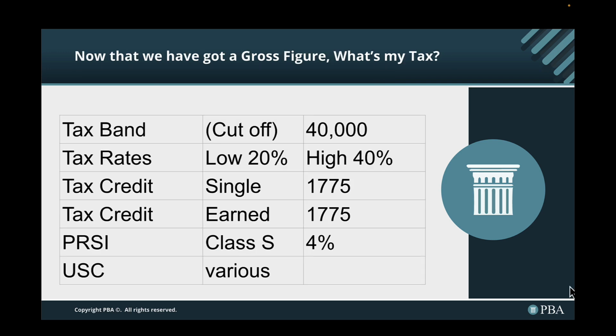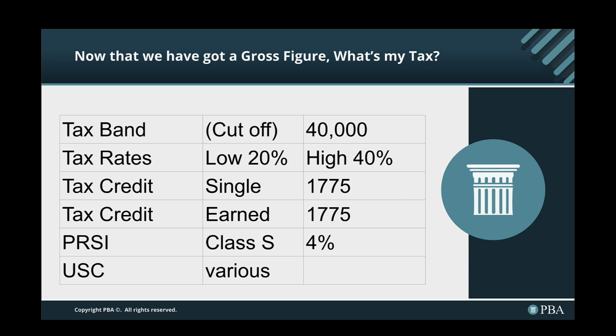For our tax calculation, we are making these assumptions. We're using 40,000 as the cutoff point, and we're going to have a single person tax credit of 1,775, and the earned income tax credit of 1,775. The earned income tax credit is for self-employed people and certain classes of directors.